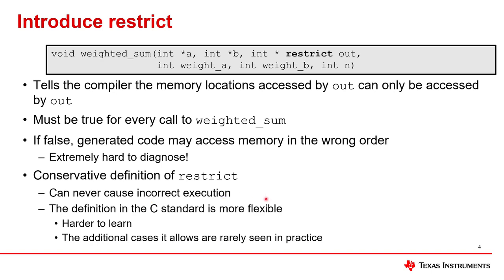It's never going to cause you any problems in that sense. The extra flexibility that you get by the definition in the standard, well, for one thing, it's harder to learn. This is fairly easy to understand and master. This is not so much. And the additional cases it allows are rarely seen in practice. It just doesn't matter very much that this has a bit more flexibility than the definition we're given here.